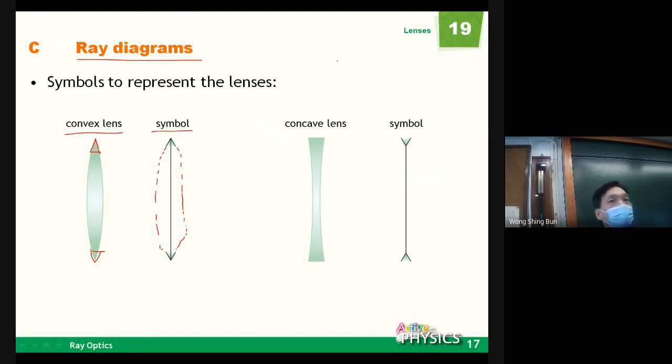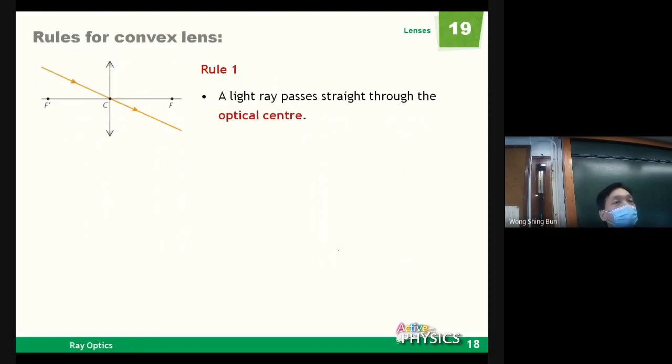But how about the concave lens? Exactly the same. Outer one thicker, center one thinner. So you will think that like this. Okay? Up to now, you should know how to draw the symbol of convex lens and concave lens.